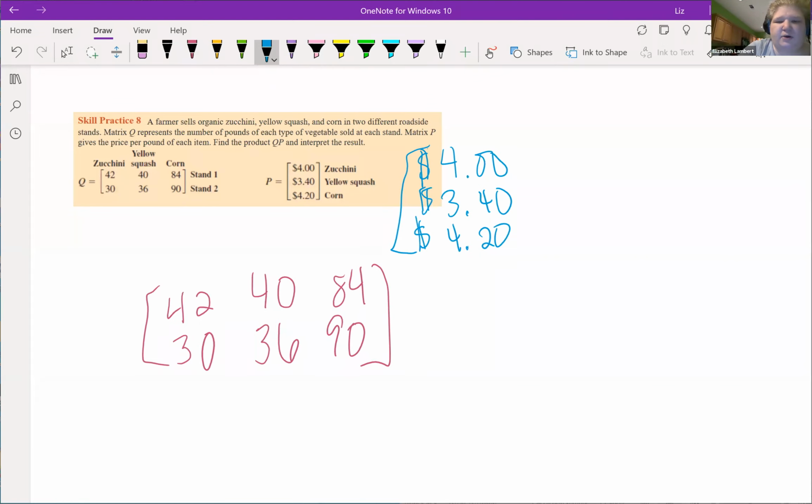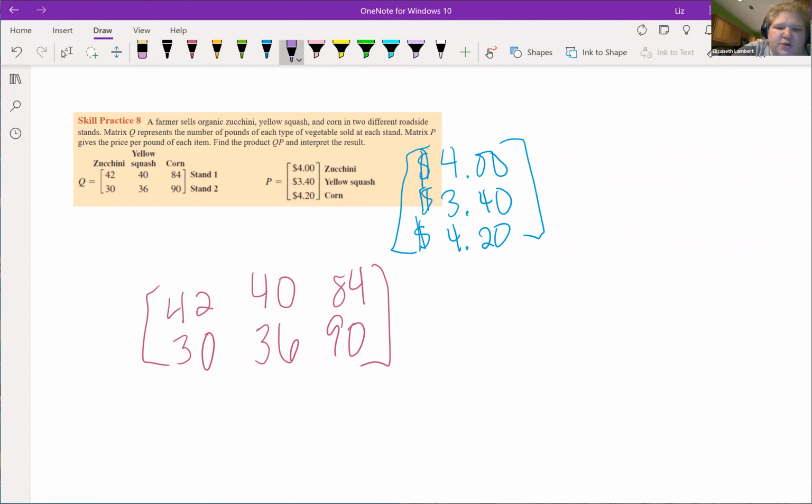Yes, I will be using my calculator. All right. So I have my column here, P. And when it falls over to start crashing through, the first one that it crashes through, that row is stand 1. All right. So I have these price per pound crashing through stand 1 when I multiply.